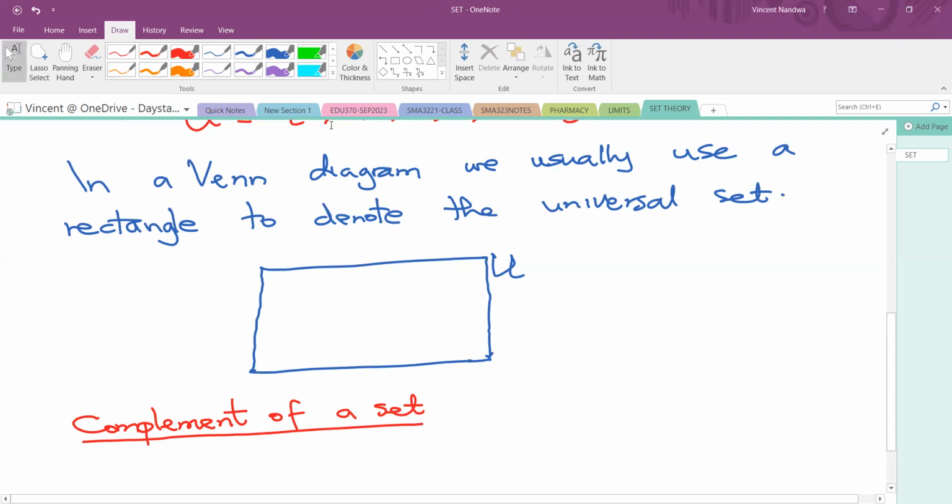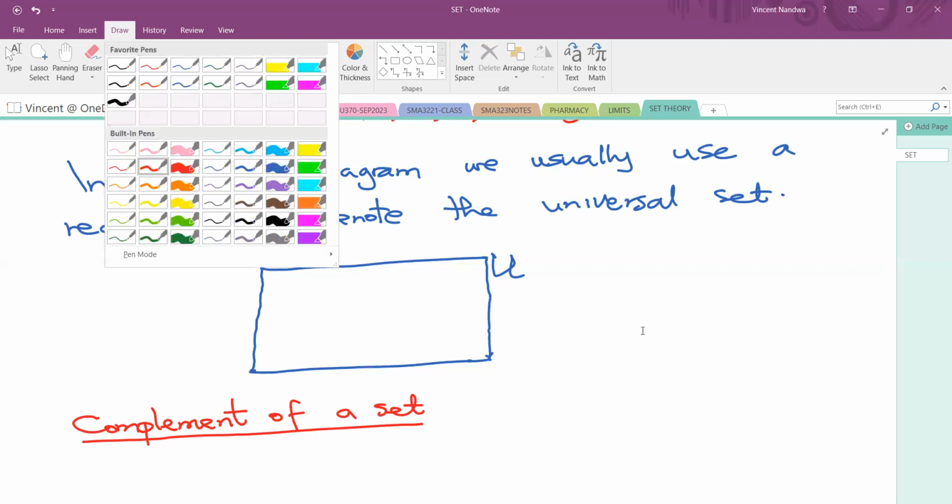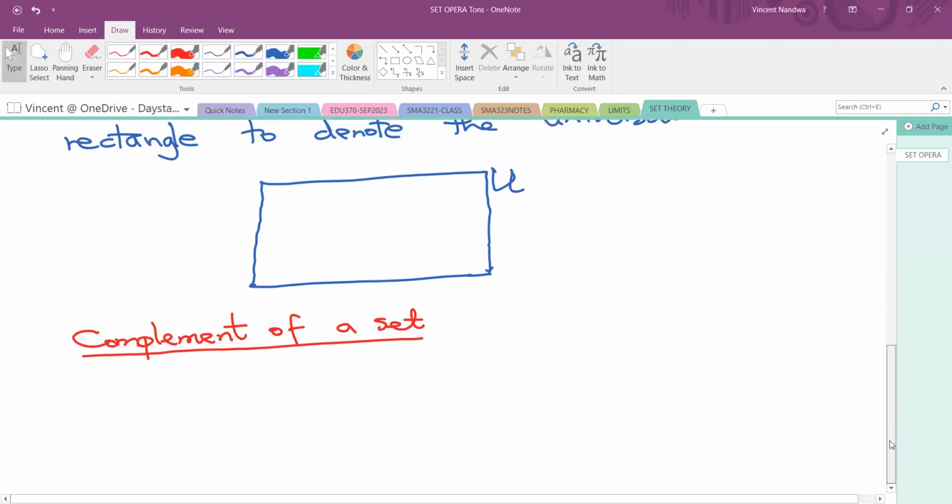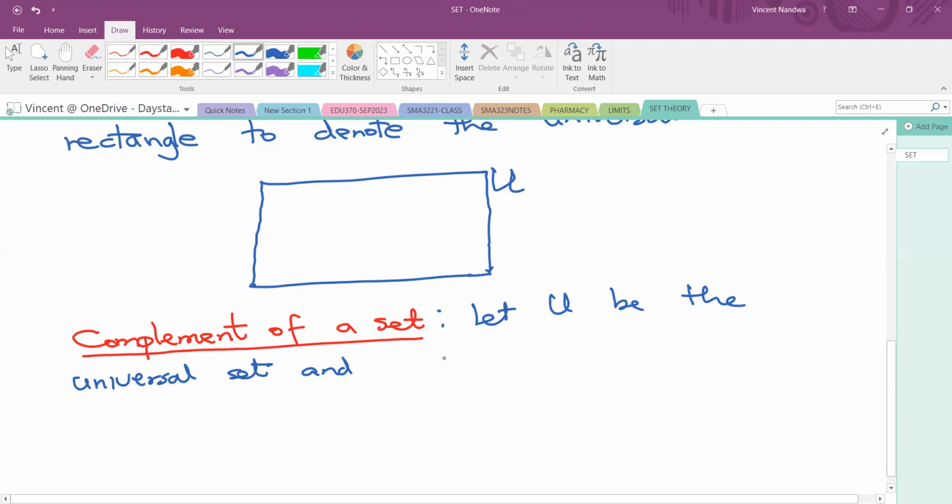To define the complement of a set, you need the universal set and another set, say A. So let U be the universal set, and A be any other set which obviously is contained in U.